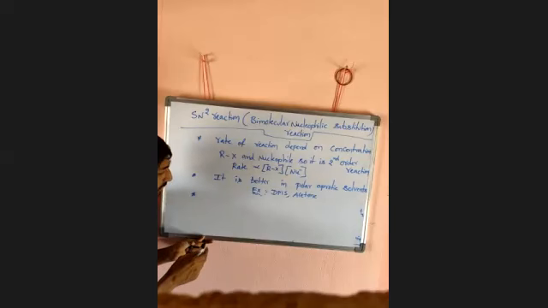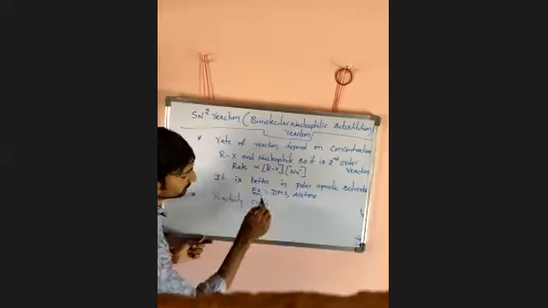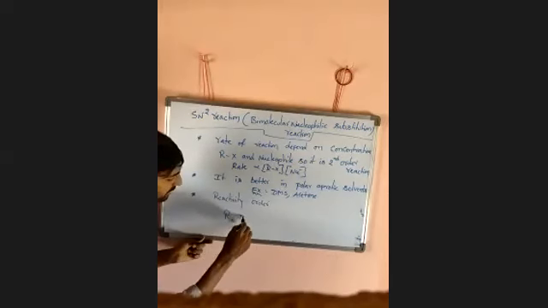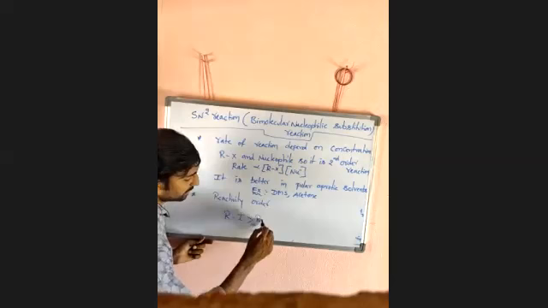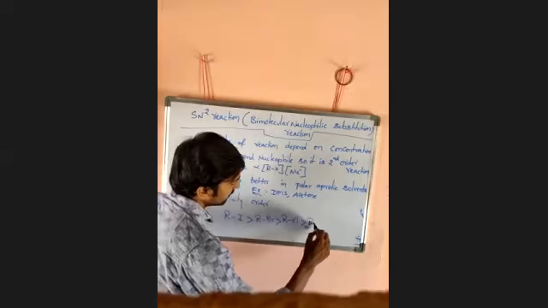Next, the reactivity order. How to remember? Alkyl iodide is greater than alkyl bromide, greater than alkyl chloride, greater than alkyl fluoride.